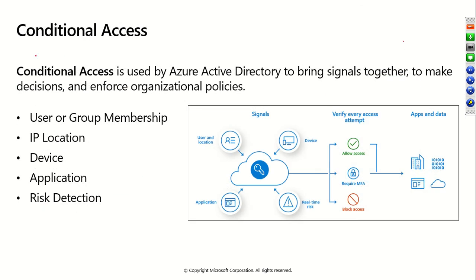All right, another thing you can do is to set conditional access. What is conditional access? Conditional access is used by Azure Active Directory to bring signals together to make decisions and enforce organization policy. Every organization has a policy, such as: your computer that is given to you in the office, you must not carry outside of your geographical location without permission. Why are they saying that?